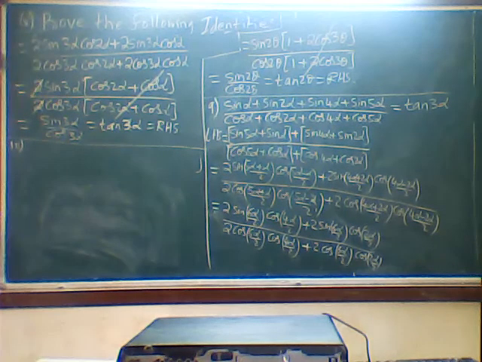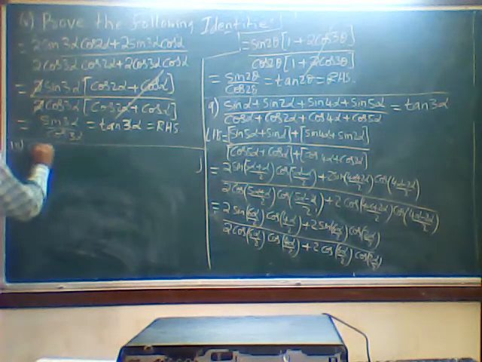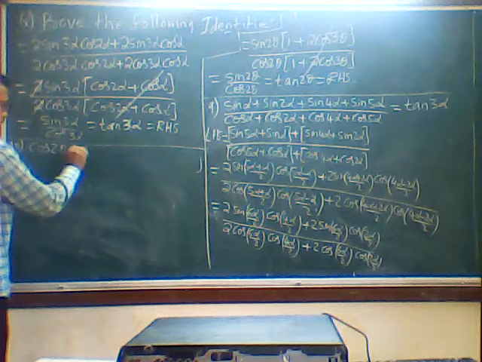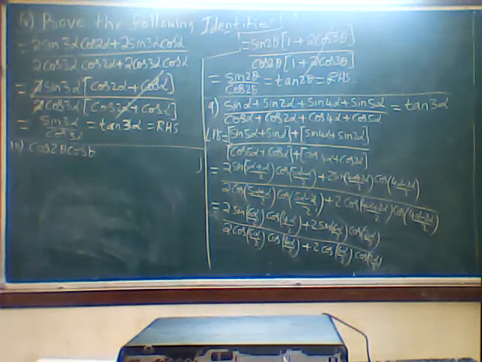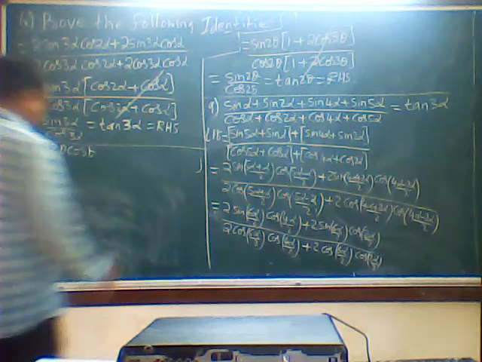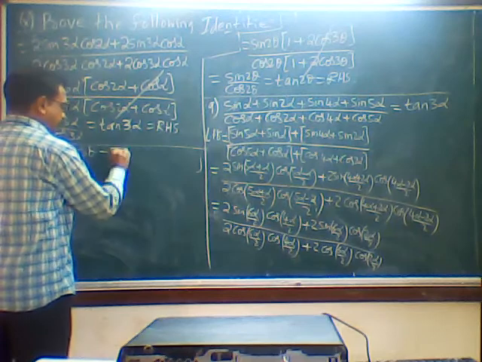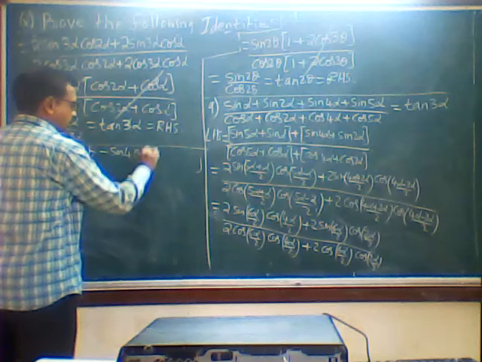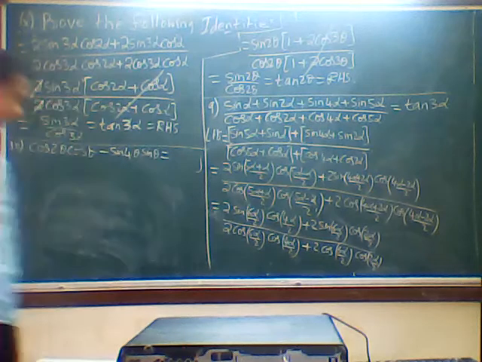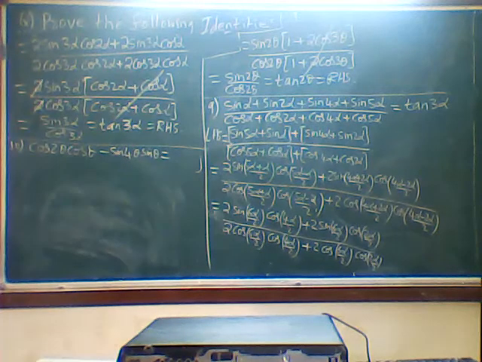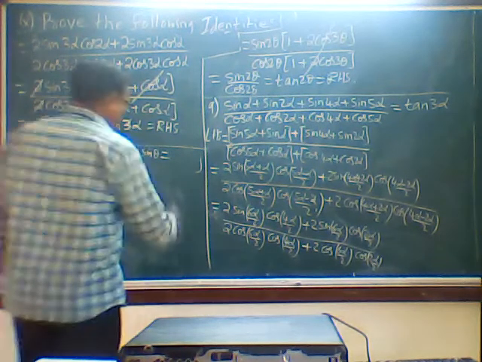Cos 2 theta cos theta minus sin 4 theta sin theta is equal to cos 3 theta cos 2 theta.